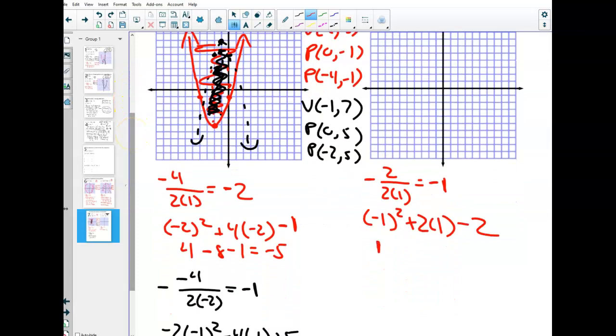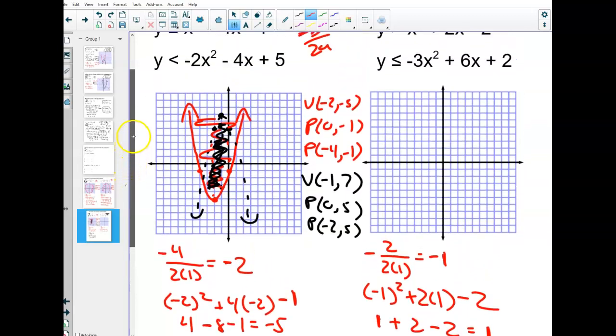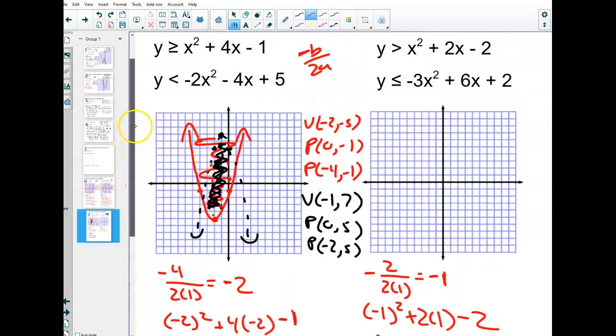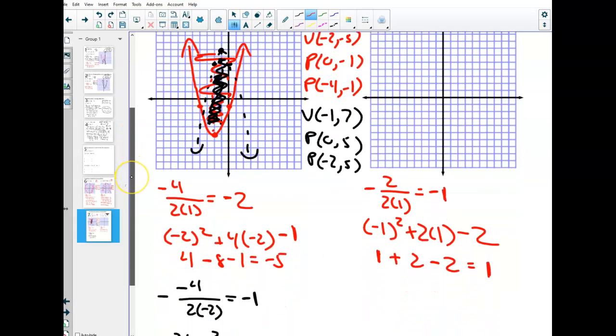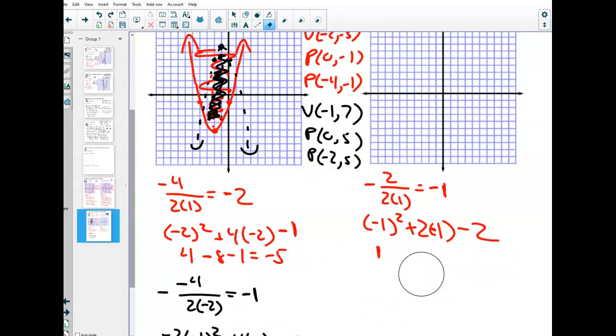That's 1 plus 2 minus 2. We get 1 there. So my vertex here is negative 1. Oops, hold on, I made a mistake here. Yikes. This should be a negative 1 right in there, my bad. Let's fix that. So this is 1 minus 2 minus 2. We should get a negative 3.